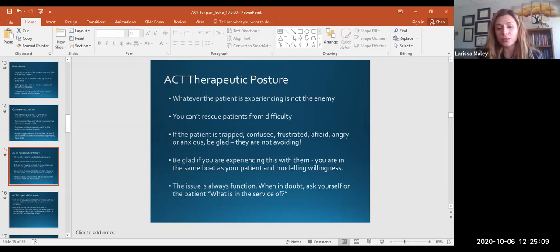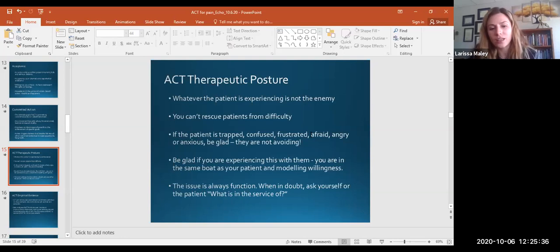So very similarly to how we do exposure work with patients, an ACT therapist has to be pretty comfortable with patients having difficult emotions in the room. And that's one of the goals that we're trying to get to. We're also modeling that willingness, that if we're avoiding it because we don't want to feel it with them, then that's not a good ACT posture.